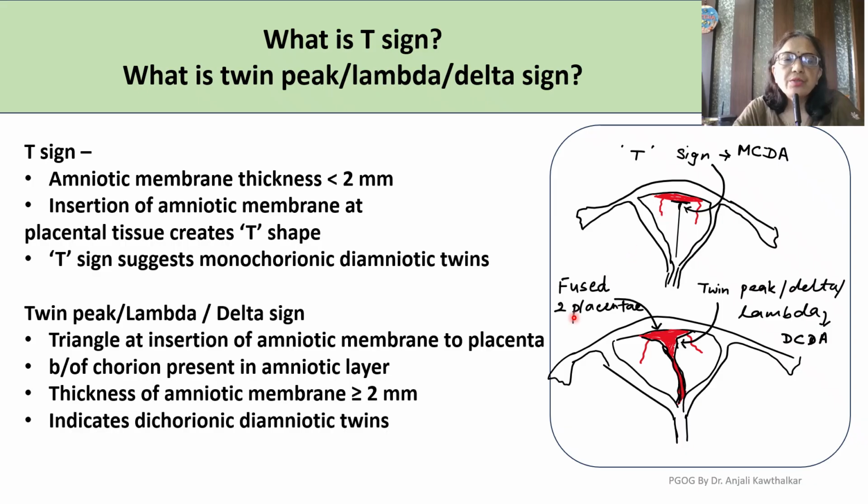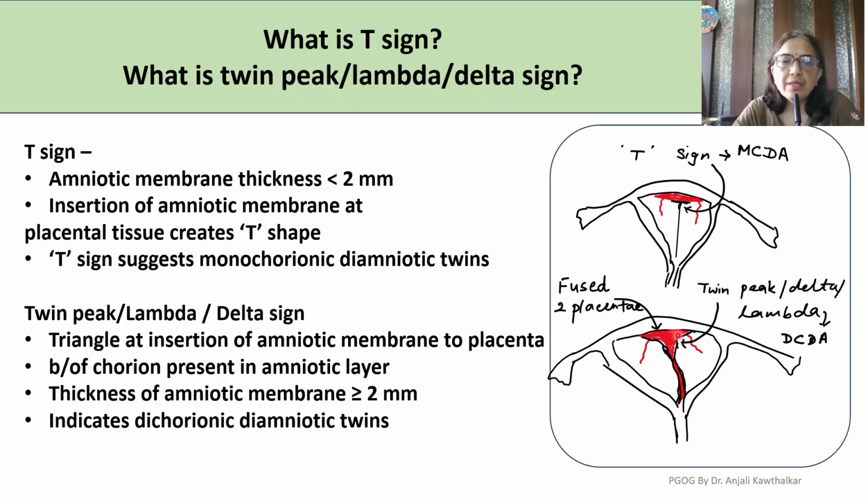On the other hand, the twin peak, lambda or delta sign is seen when we see a single placenta, which might be a fused or two separate placentae, or really a monochorionic pregnancy. Then we have to see whether there is an intervening membrane. If it is a thick membrane, with thickness greater than or equal to 2 millimeters, we focus at the site of insertion of this membrane to the placenta.